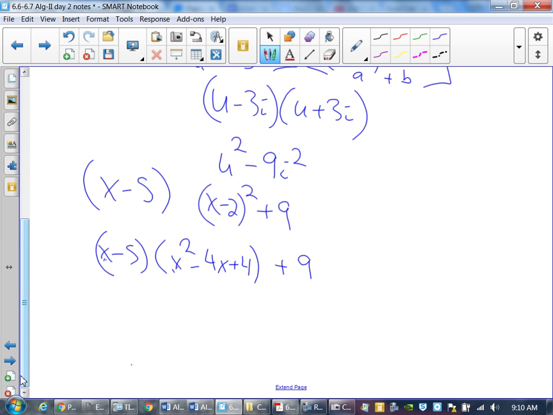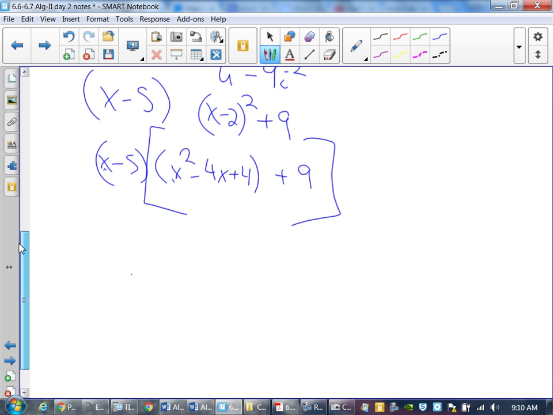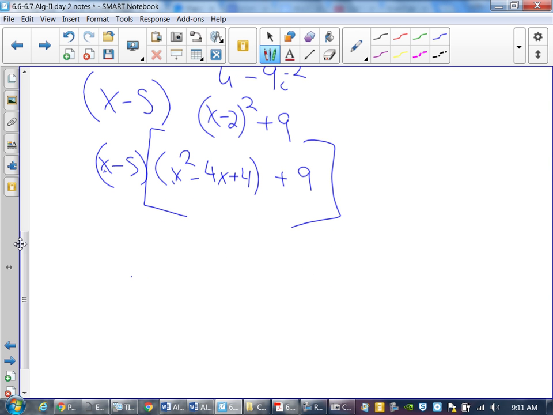Okay. Here's what happened. This was all supposed to be one part first. This should have been a 13 here. This 9 is supposed to be part of this. So then if you put the 13 in, it's plus 13 then, right?